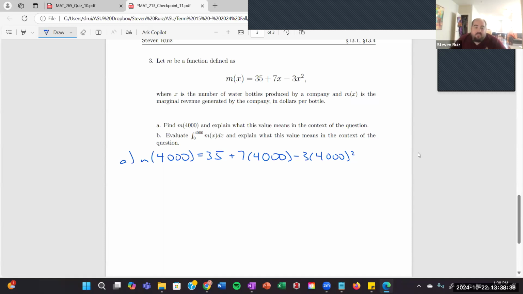All right, so the number I'm getting here is a very large negative number, negative 47,971,965. So what does that number mean? So that number means basically at this production value, they are losing money. So basically, yeah, they're losing money at a rate of almost $48 million per bottle at this production level. So that's what that value means.